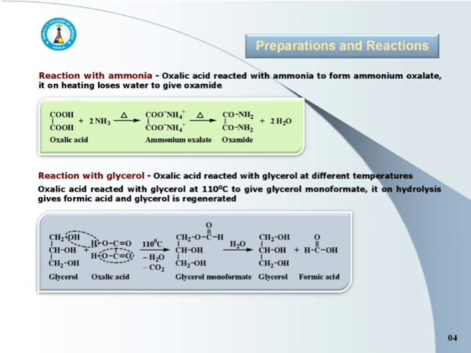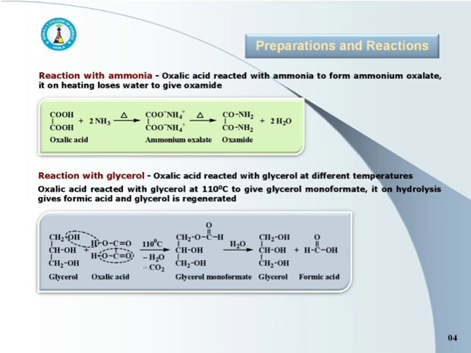Next to this is reaction with glycerol. Oxalic acid reacts with glycerol at different temperatures to give different types of products. Oxalic acid reacts with glycerol at about 110 degrees centigrade to give glycerol monoformate, which on hydrolysis gives formic acid. During this reaction, glycerol is regenerated.